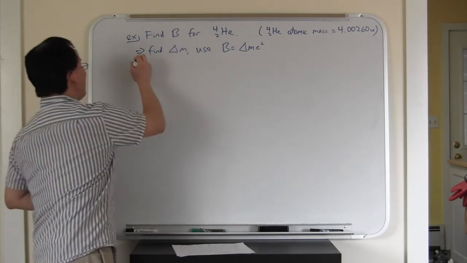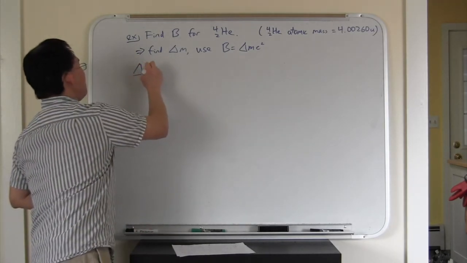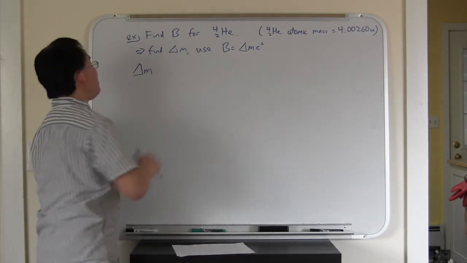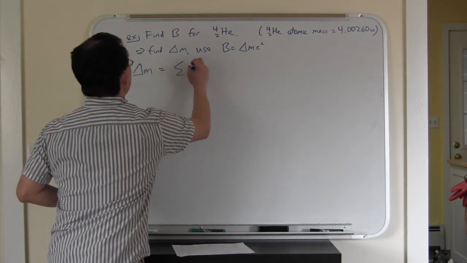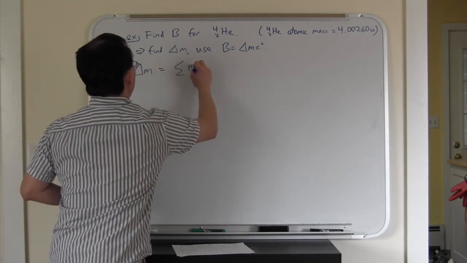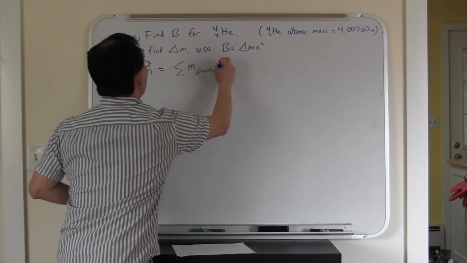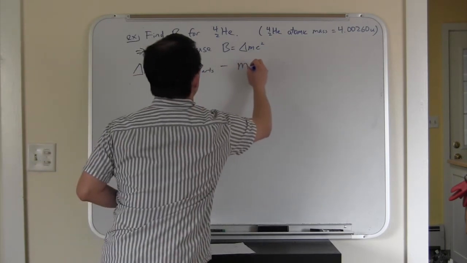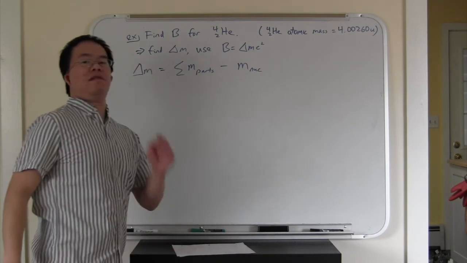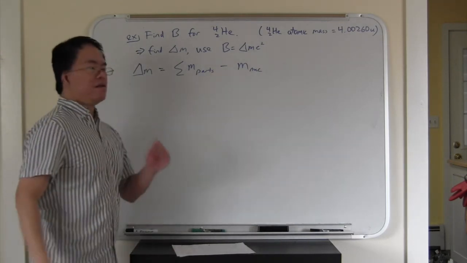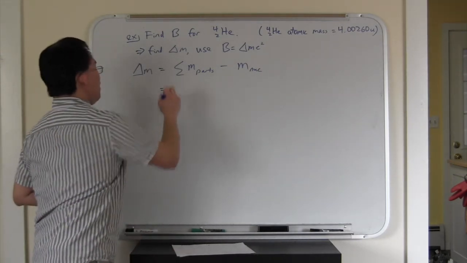Okay, so let's start by finding the mass deficit, which is the difference between the sum of the mass of my parts minus the mass of my nucleus. Here we have to be a little bit careful.